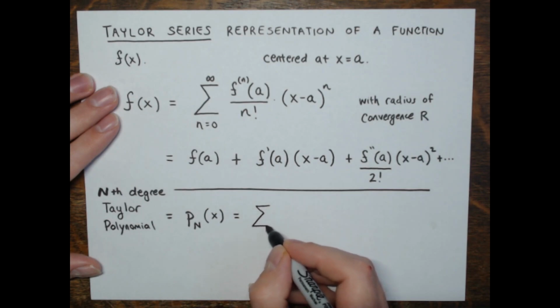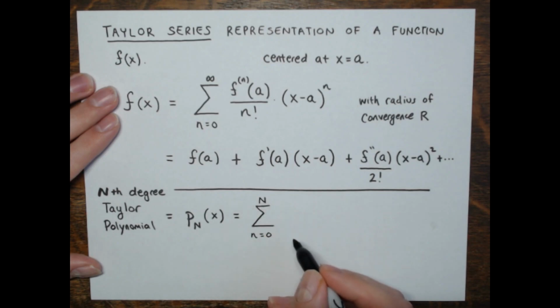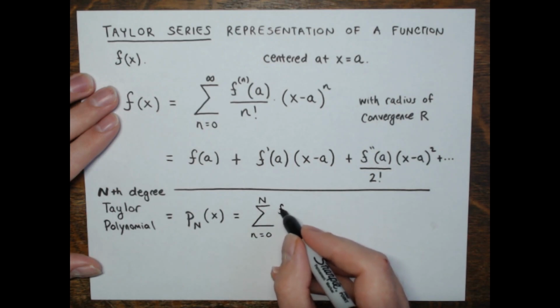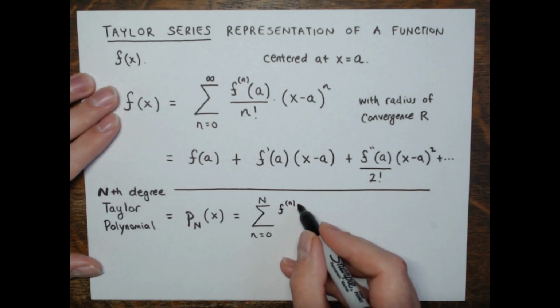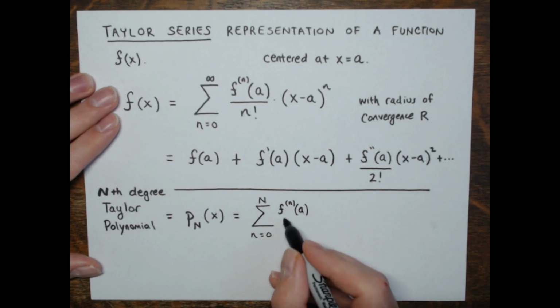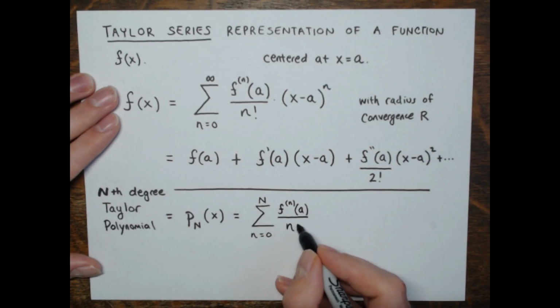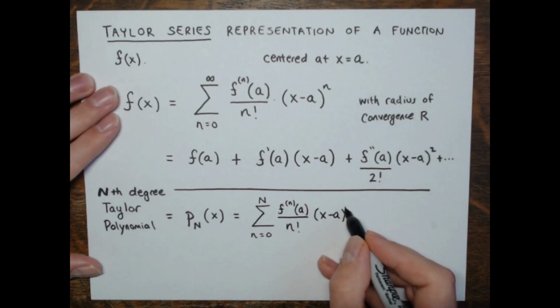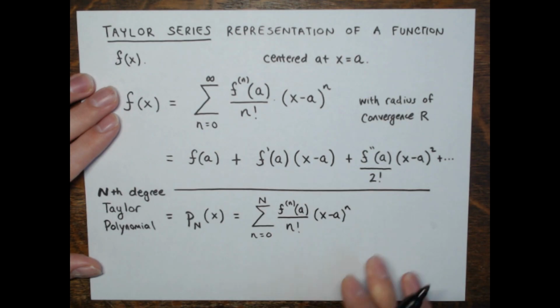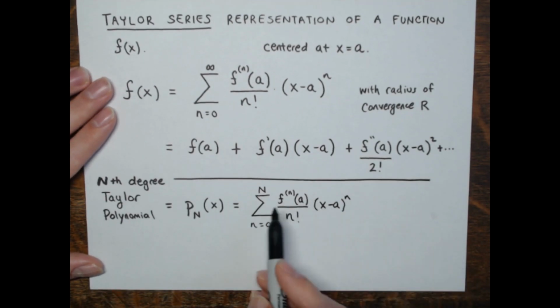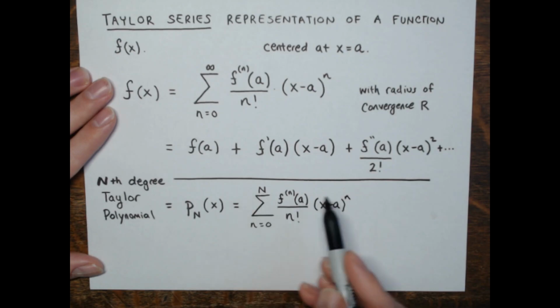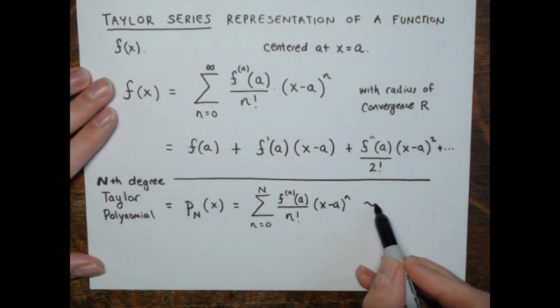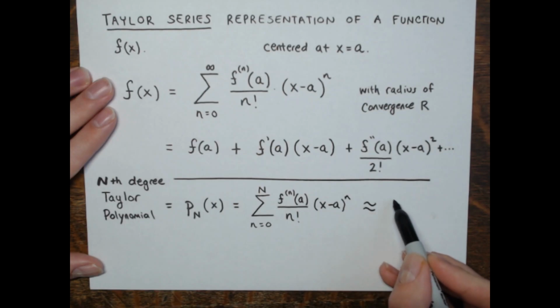This is simply the sum from little n equals 0 to capital N of the same junk: the value of the nth derivative at x equals a divided by n factorial, and then times your powers of x minus a to the little n here. And this is not infinite. This is finite. This is going to capital N. So this is an approximation of the function.